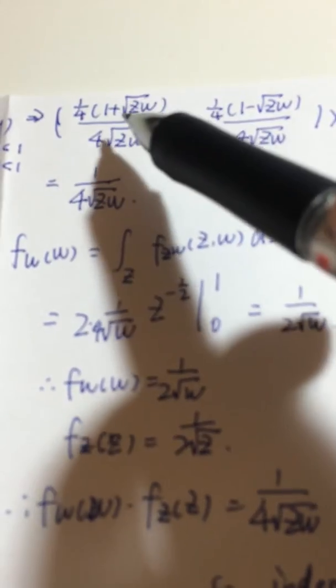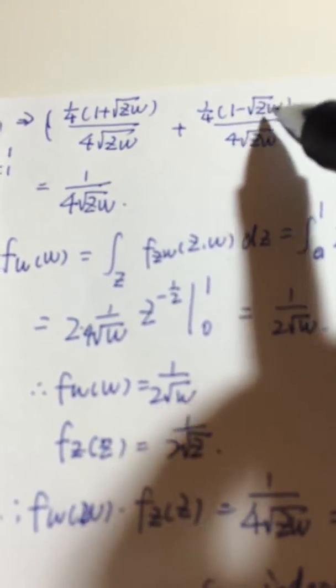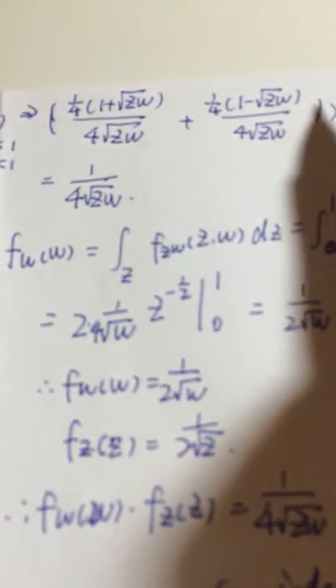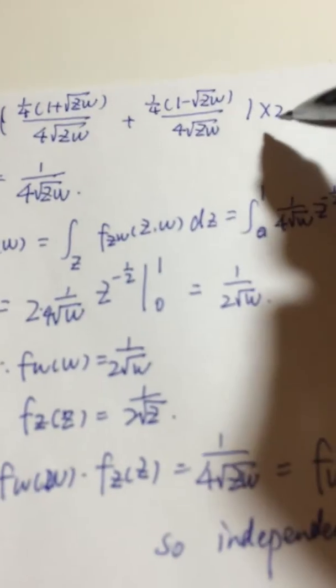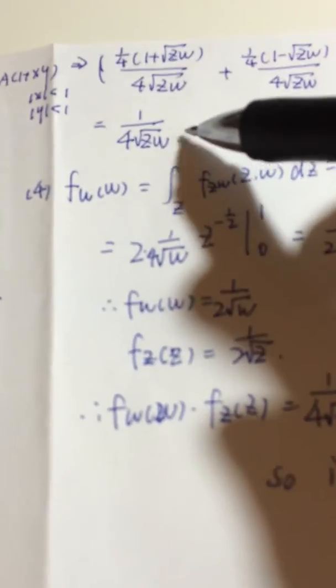We write down these points and the negative points, and the other terms are the same as before, so I multiply by 2. So the answer is here like this.